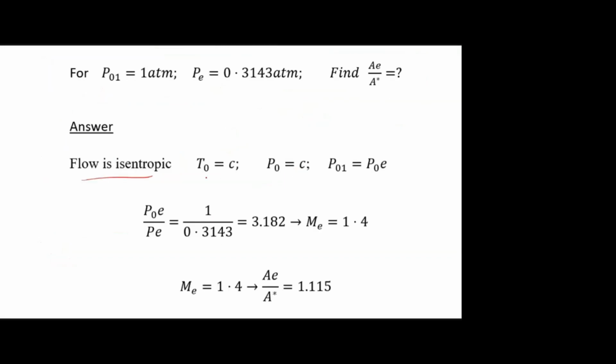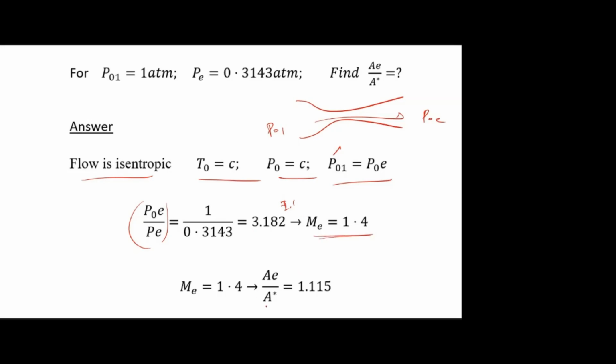Since it is isentropic, T naught and P naught are constant, in the settling chamber and also at the exit. Wherever you look, P naught is constant. So first find P by P naught, or P naught by P. Then from the isentropic table, you can find the corresponding Mach number, also A by A star.